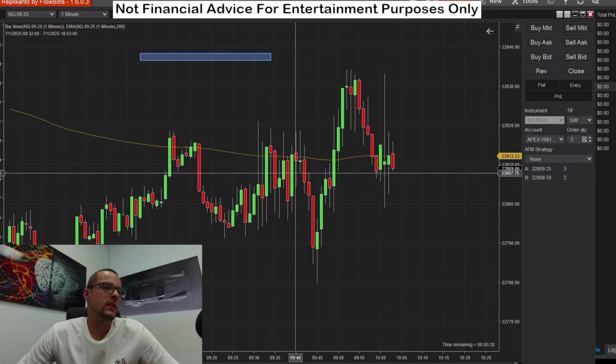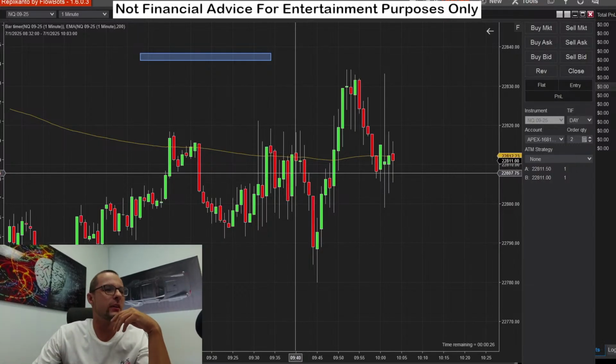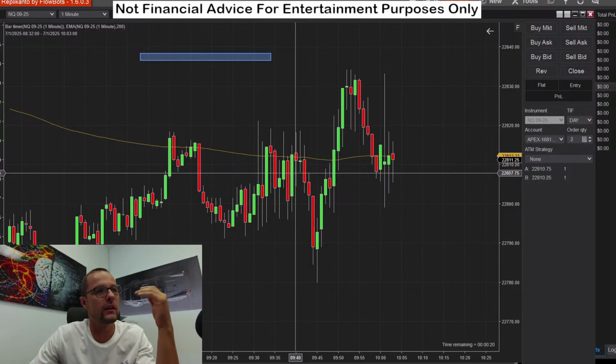Oh man, this happens every time it gets to the VWAP. Because VWAP is such an area of balanced price, it's the volume weighted average price.